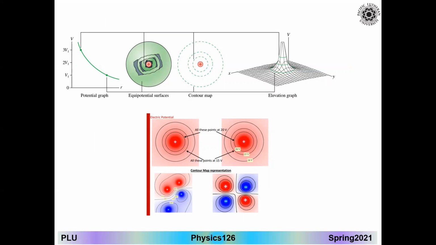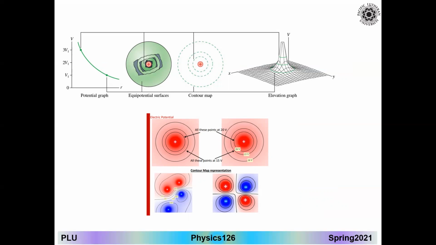Now to imagine it, as we did with the electrical field, the way you imagine the electric potential values, or how strong they are, is by drawing them around the charge. It is similar to the electrical field. It is very high around the charge, and keeps decreasing the farther away you get.